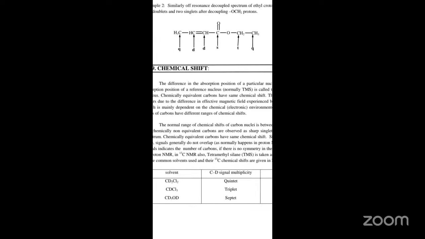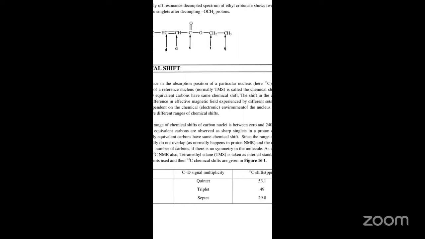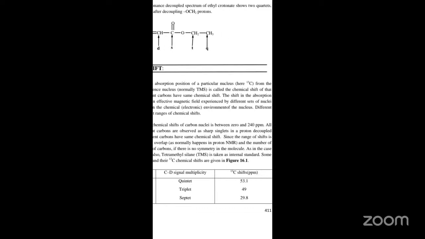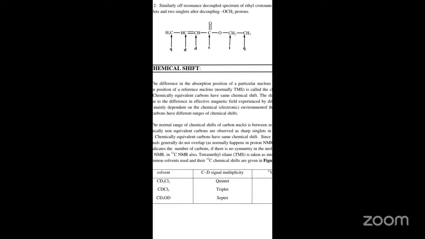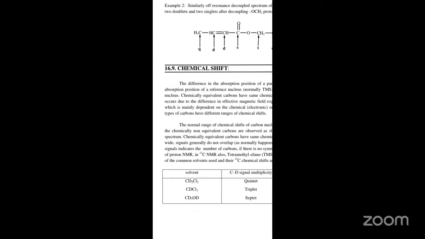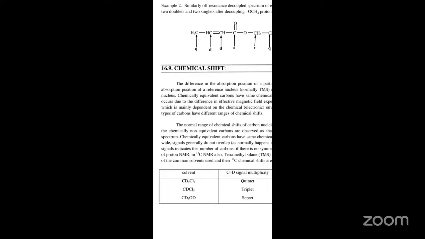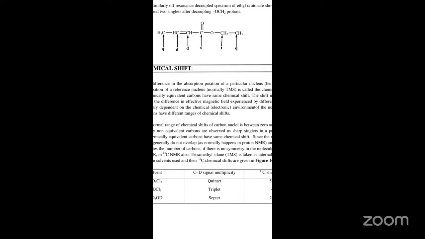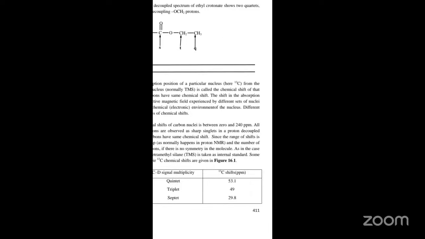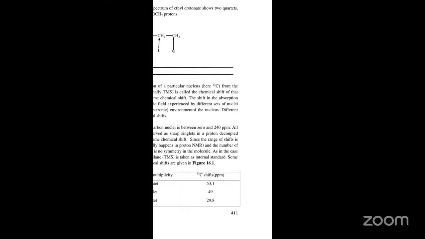And CD2Cl2, dichloro deuterated carbon here, appears as a quintet at 53.1 delta ppm. And here is deuterated methanol. The split multiplicity is septet and appears at 29.8 delta values here.